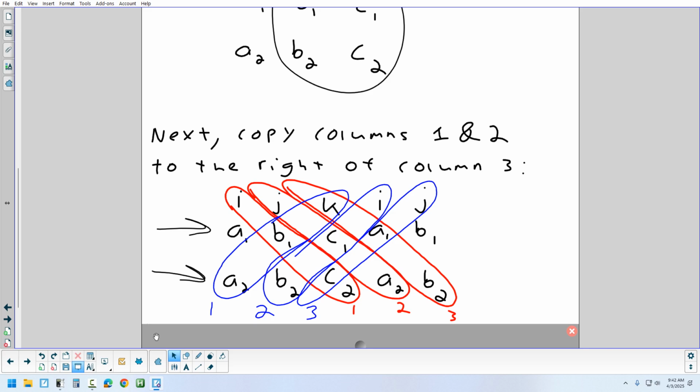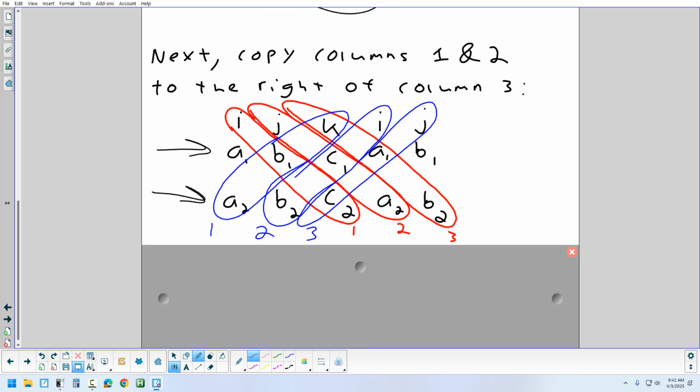If you don't have different colors, you could use diagonals 1, 2, 3, 4, 5, 6. But I've got 3 diagonals that go down into the right, and 3 that go down into the left. There's no other diagonals in that problem. A diagonal needs to include 3 rows. So if you think, what about this one right there? Nope. Doesn't include 3 rows.